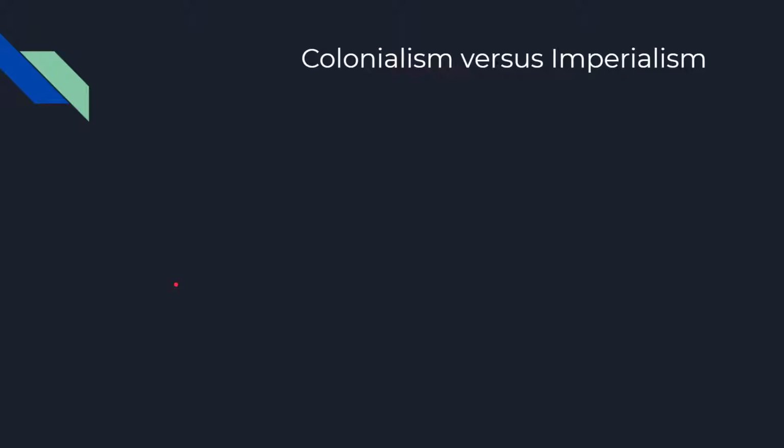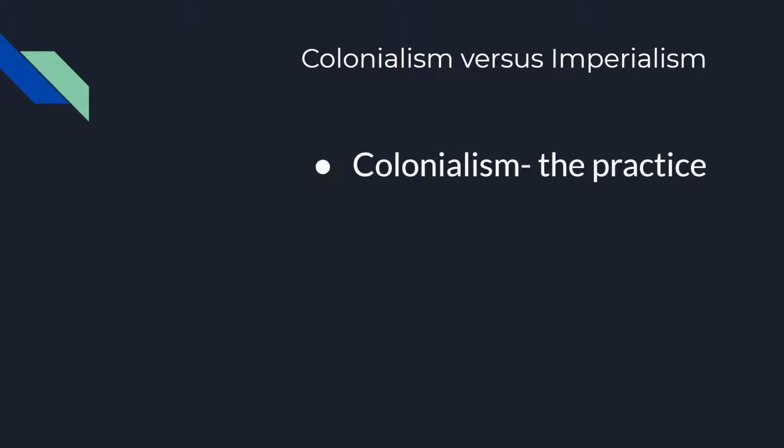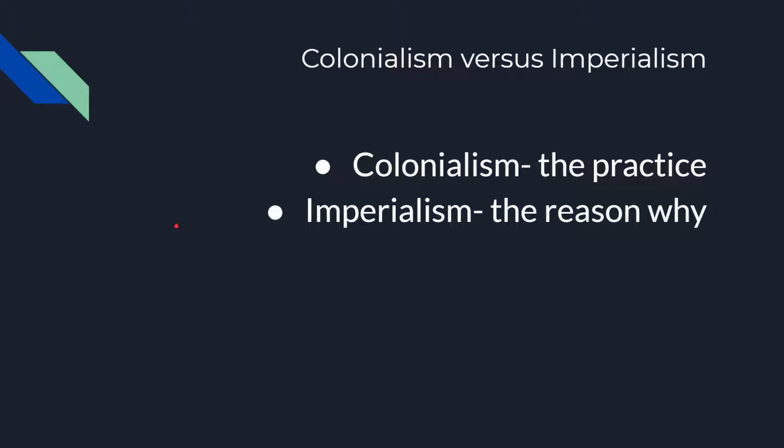So colonialism versus imperialism. As we talked, this is basically almost the same as when we saw countries that people are probably more familiar with, like the American colonies, French colonies, and so it's very similar, but there is one important difference. Colonialism is much more of the practice, that is the extension of direct control over another colony, whereas what changed here is imperialism is the reason why.